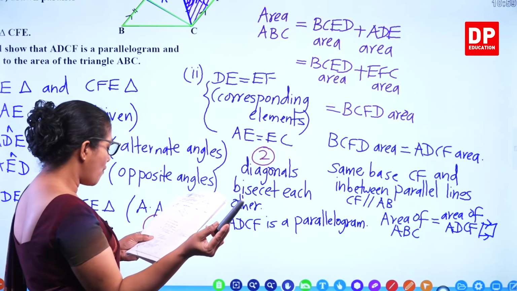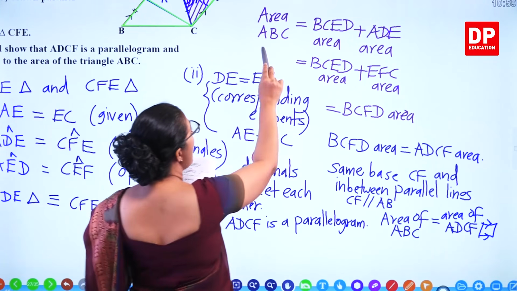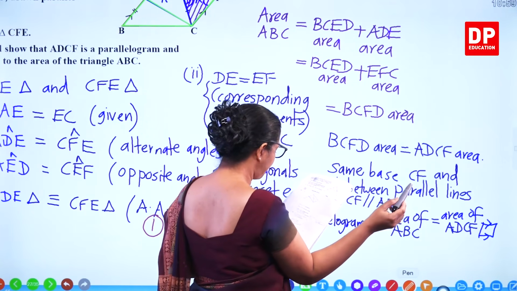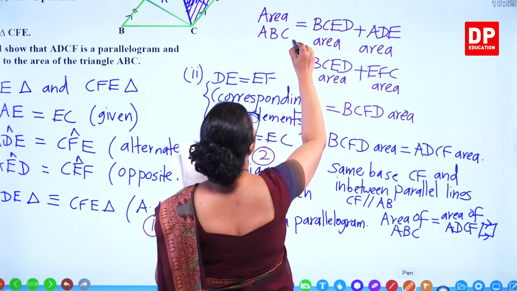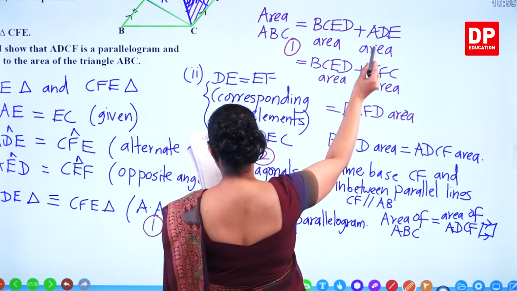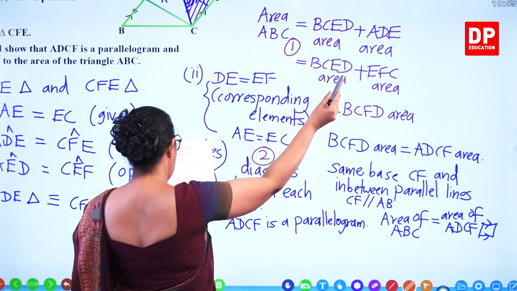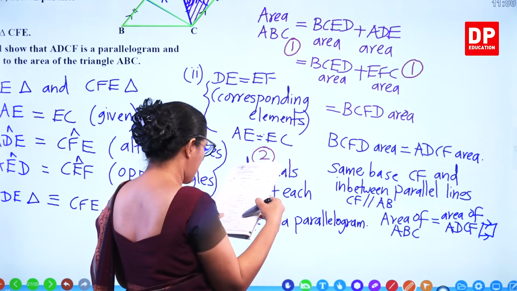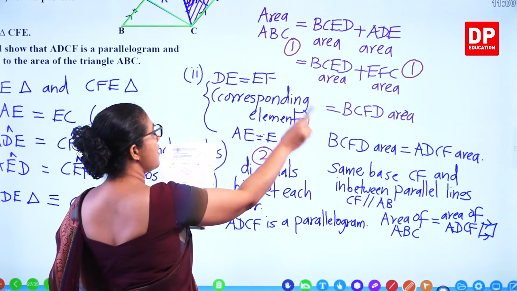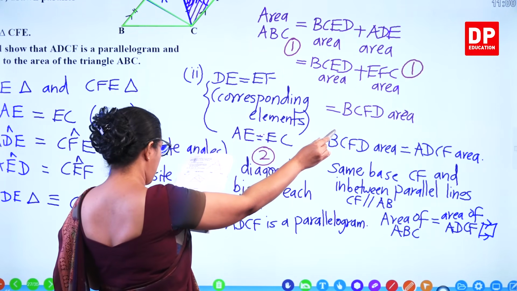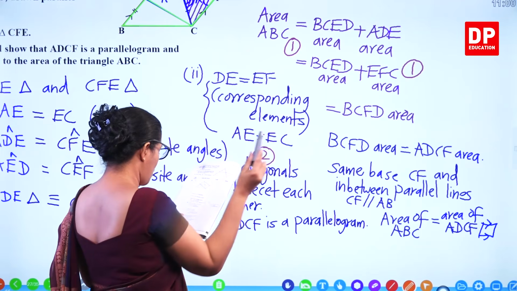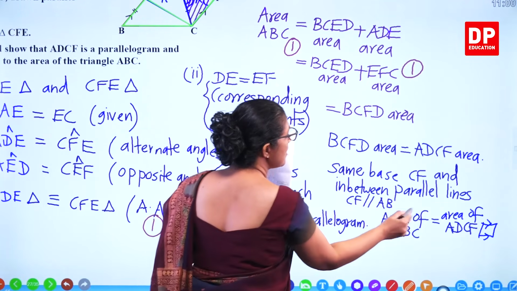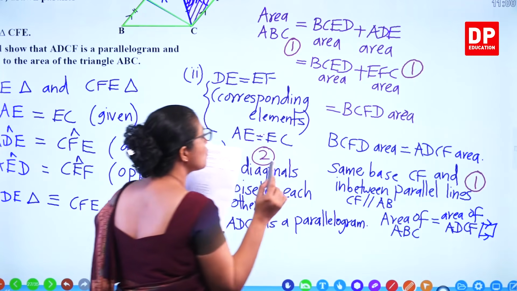The area of the triangle is this one, another 1 mark, and here 1 mark. Adding these two, another 1 mark, and showing that this area is equal to this one, that's 1 mark.